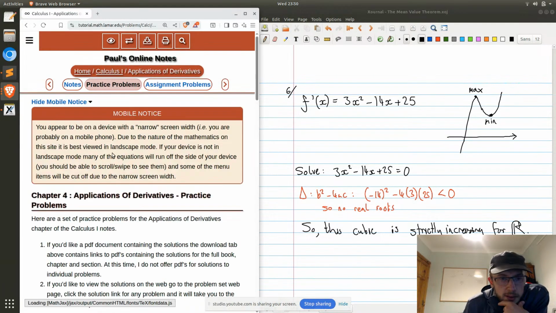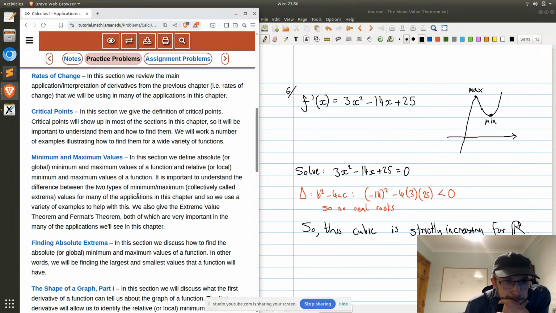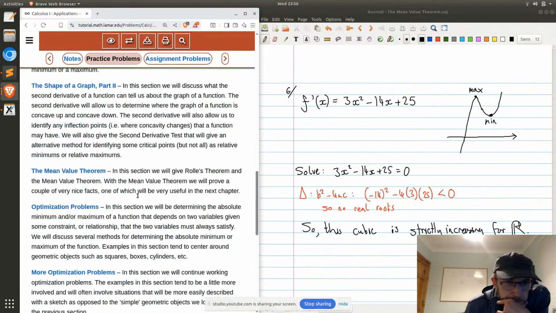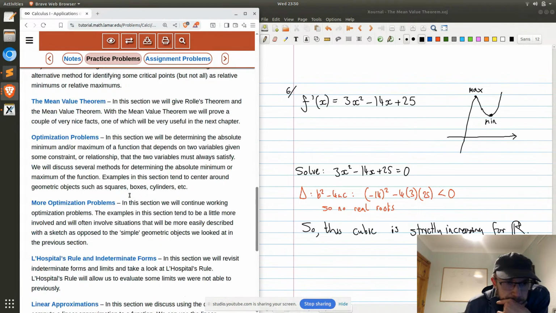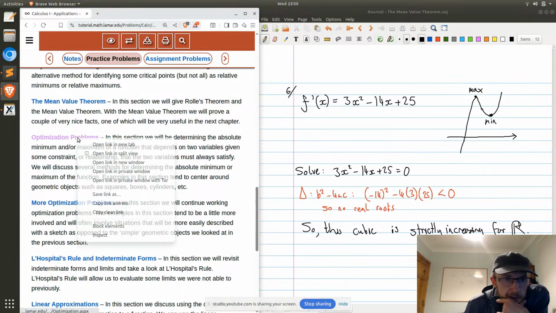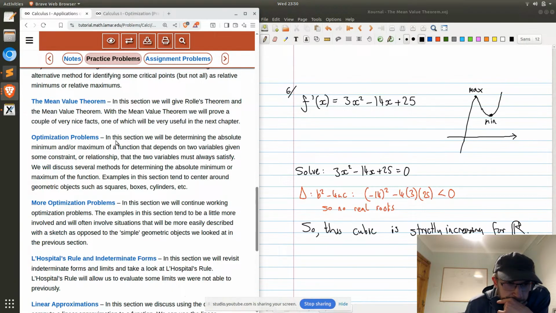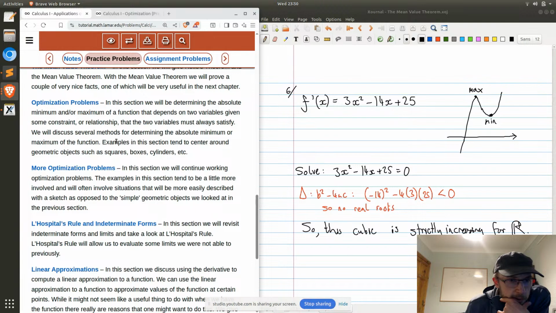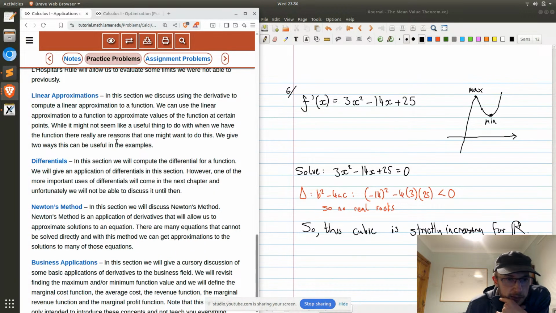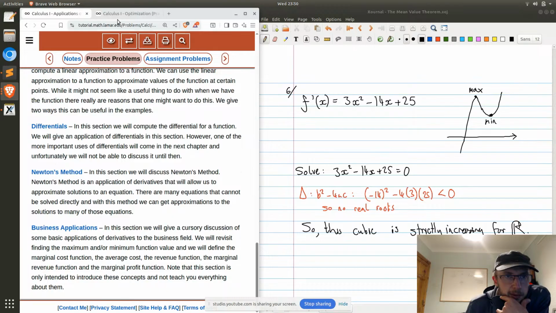what else is waiting for me here? Optimization and more optimization and L'Hopital's rule and linear approximations and differentials and Newton's methods and business applications.